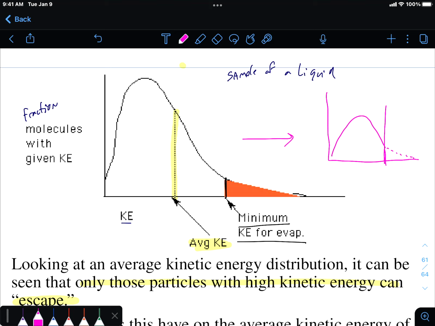So if the fastest moving molecules have evaporated and left, what does that do to the average energy of the sample now? Decreasing. Yeah, less.